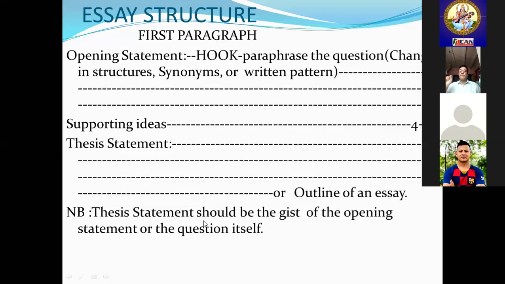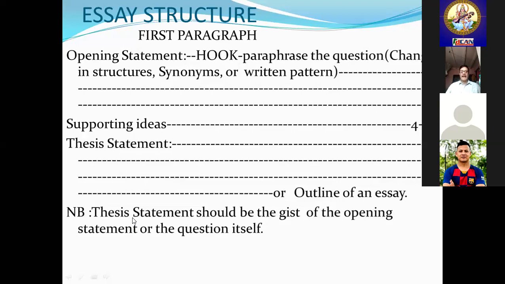To make the gist of it, students will have to remember C is equal to A plus B. A is the opening statement and B is the supporting ideas. The major gist of these 2, 3, 4 lines, whatever you write, should be kept in the thesis statement. This is the major part. The thesis statement always plays a vital role in the student's essay.